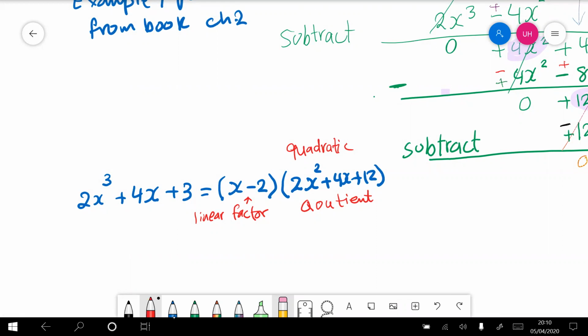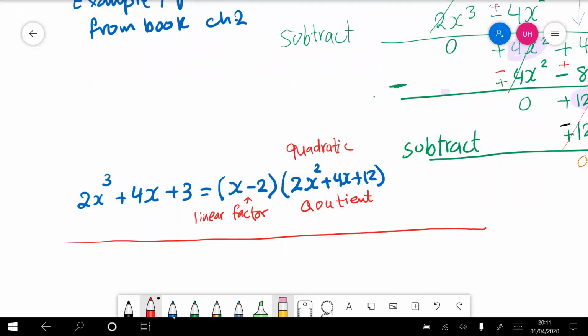But for now, they just asked us to write it down as a product of a linear factor, which is x minus 2, multiplied by a quadratic. Because they said it's quadratic, that means it should be x squared, which is this one. So we don't need to factorize this further. That was, as I said, an example from the book, page 26. I hope that is clear for you.